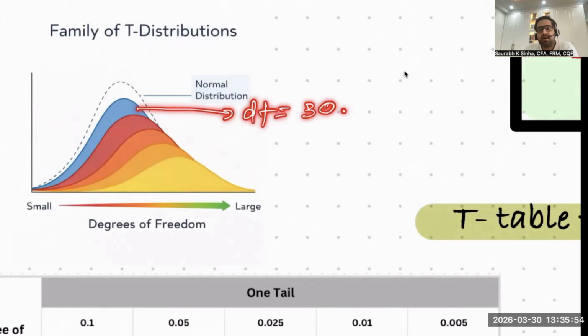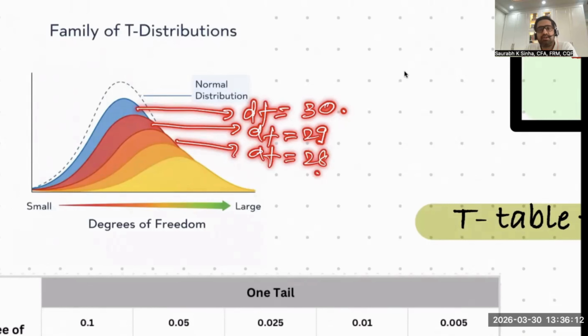It would have fatter tails than the normal distribution and a lower peak. But if the degree of freedom further decreases, the distribution shape changes. If it further decreases, the shape further changes. You're going towards a much worse distribution than the previous one as the degree of freedom decreases.